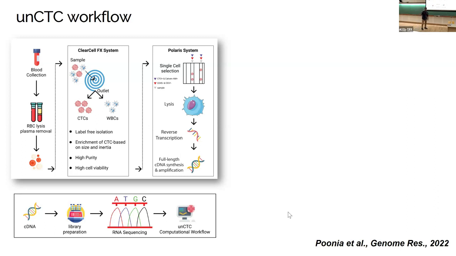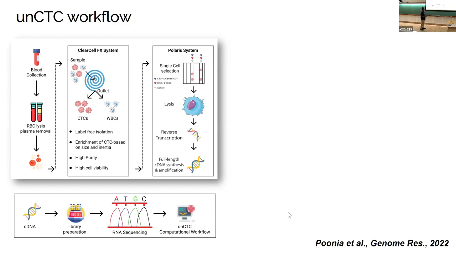CD45 negative enrichment gets rid of CD45 positive cells to ensure a further enrichment of circulating tumor cells in the population, followed by single cell sequencing and then analysis, which is basically a tool that can predict whether this is a circulating tumor cell or a blood cell. This work was published in 2023, not 2022, in Genome Research.